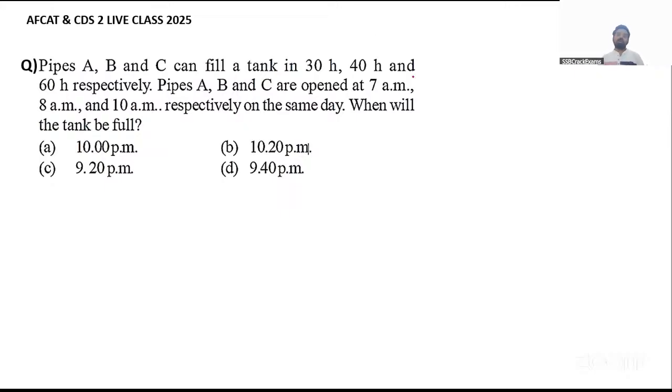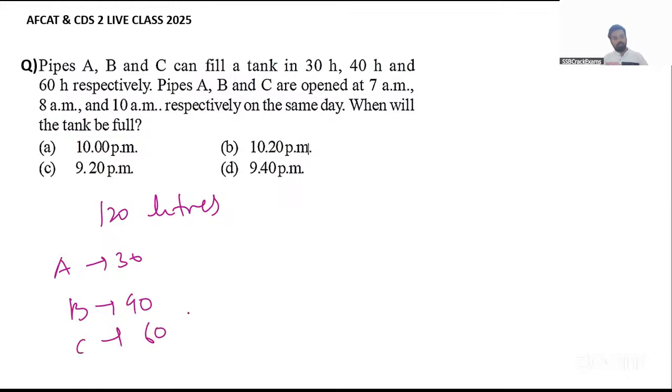So you can assume the capacity by taking their LCM. Say the capacity of the tank is 120 liters. Pipes A, B and C can fill in 30 hours, 40 hours, and 60 hours respectively. So A in 30, B in 40, and C in 60.